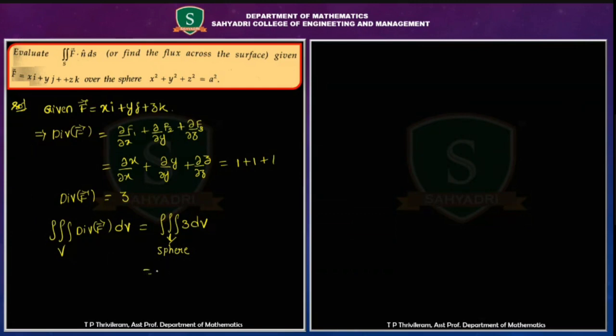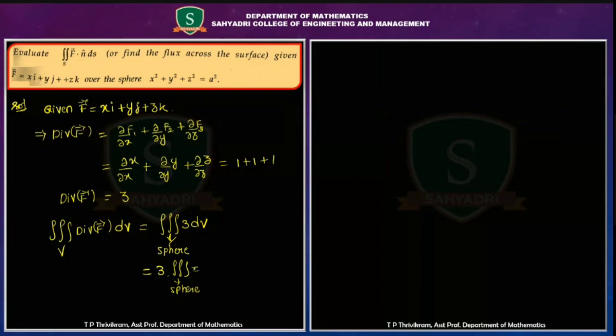So this is equal to 3 times the triple integral of dV over the sphere. Here the integrand is not there, only the region has been mentioned, the sphere. Whenever the integrand is not there and only dV is there, you can write it precisely.